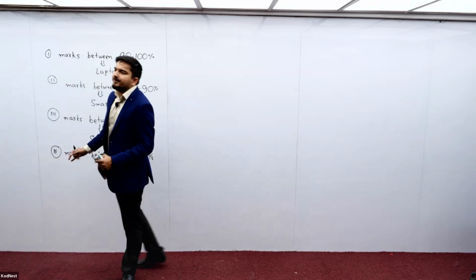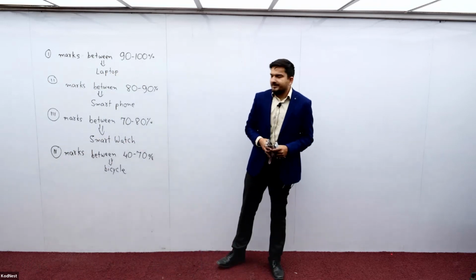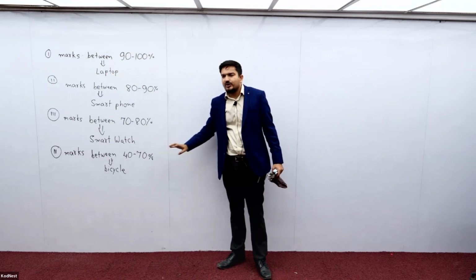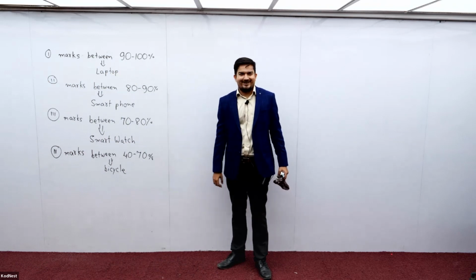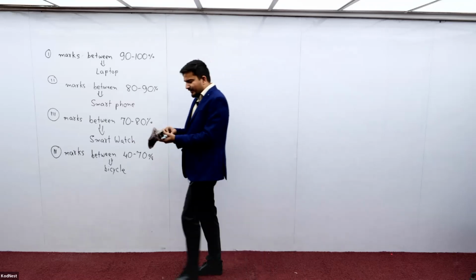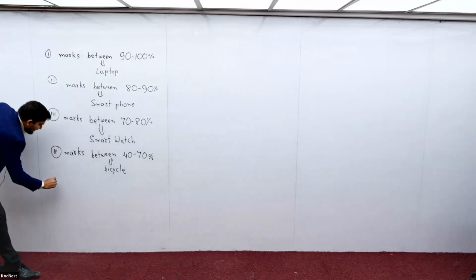While making this particular deal, your parents told you one more thing. Okay, my expectation is not so high and all, but at least you need to pass. If you are not able to pass, my dear child, you have to get lost from the house. So if any of this is not happening, what is going to happen? You have to get lost from the house.